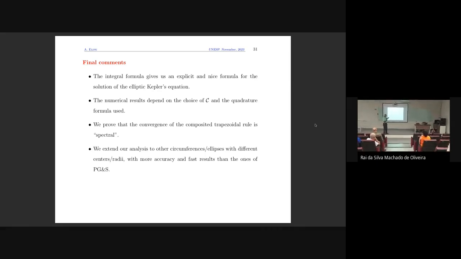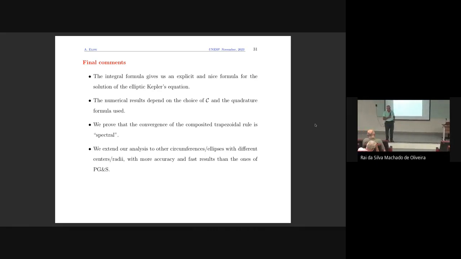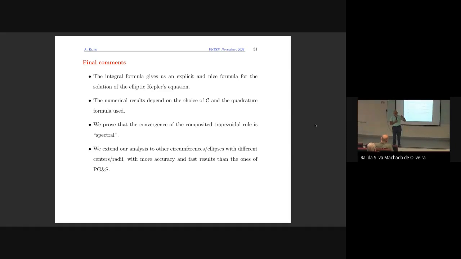I don't have the graphic here, but we compute it 100,000 times, because if you use it once, this number is not significant. If you repeat another time, it will be different.